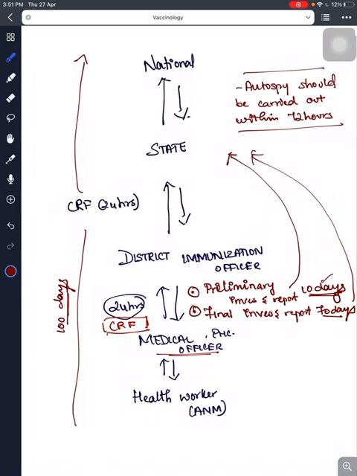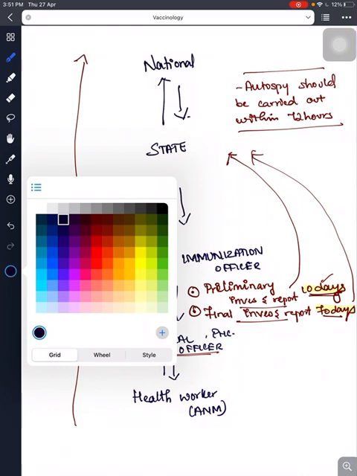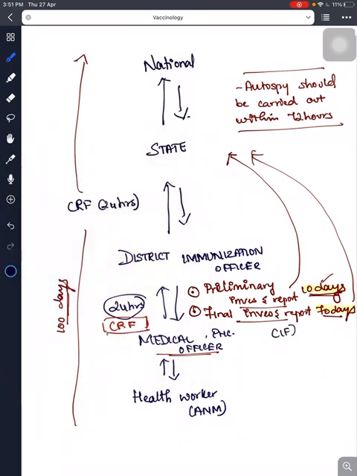I've taken it in a very simple way. I've not gone into a very detailed way of taking this. This is just important from your examination point of view. That is, the medical officer from the PHC should report it in a case reporting format. The preliminary investigation report should be submitted within 10 days and the final investigation report within 70 days to the state and also to the national level. That should be submitted in a CIF form.